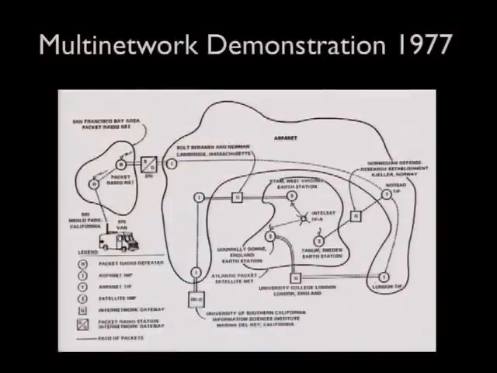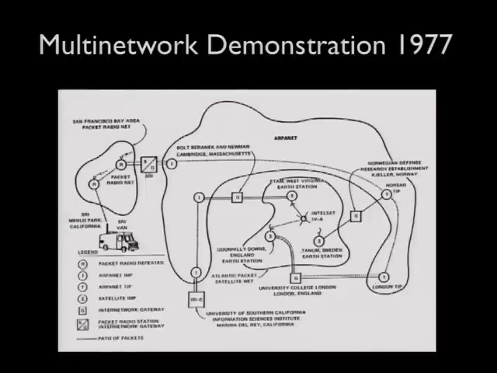And in '77, they demonstrated it by sending data from SRI van over packet radio, over the ARPANET, over satellite, back through a whole bunch of gunk. But they were basically sending bits across the world and back again over a bunch of different networks using this concatenated networks idea.